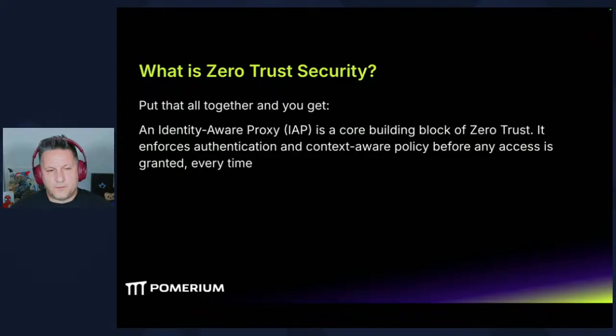So if we put all those things together that I was talking about, it creates something called an identity-aware proxy, and it's one of the core building blocks of zero trust. It enforces that authentication and that context-aware policy before any access is granted every time.